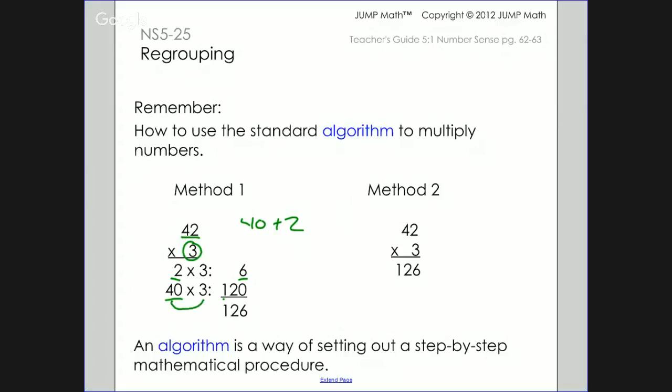Remembering that we can also just look at 4 times 3 is 12, and then we add the 0 onto the end. And of course, the answer would have to be those two numbers added back together again. So 120 plus 6 equals 126. We can also look at it as 2 times 3, which is 6, and then look at it as 4 times 3, which is 12, and it gives us the same answer.